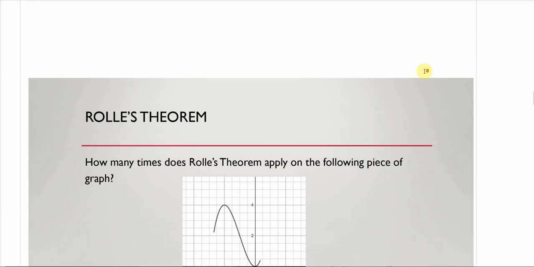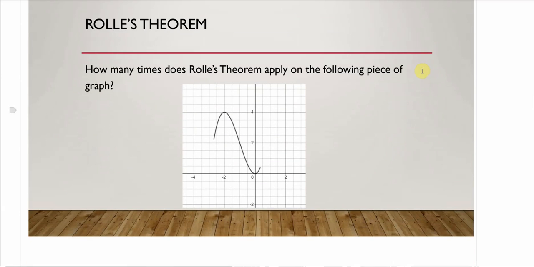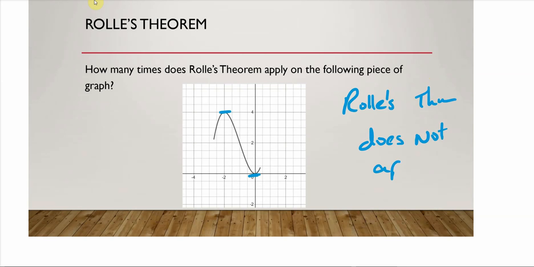Okay? Now let's look at this one. How many times does Rolle's theorem apply? And some of you are going to say, hey, sir, I got it. The answer is 1, 2. And I'm going to say, I am sorry to tell you, Rolle's theorem, right here, does not apply to this piece of graph.